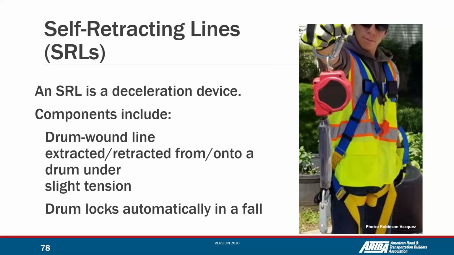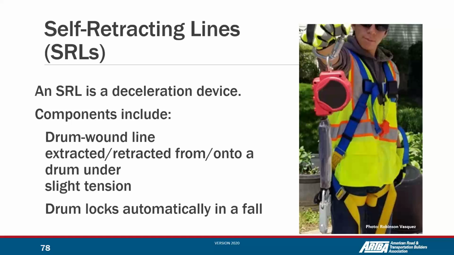We can also use self-retracting lines like the one that we are showing here. It's also a deceleration device. It works very much like a car seat belt. When it detects a sudden impact or acceleration, it immediately stops the device to prevent people from falling. Components include a drum-wound line, extracted and retracted from the drum under slight tension.